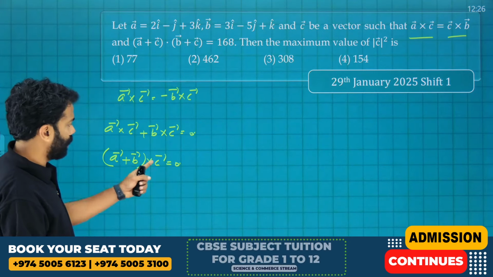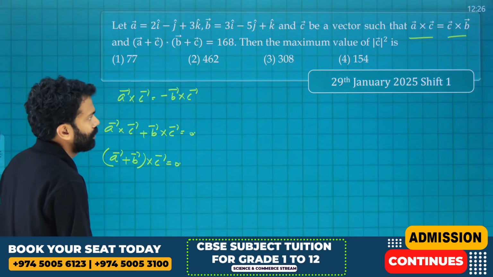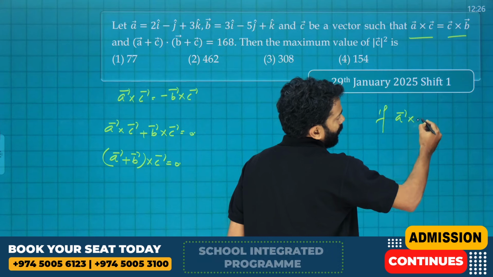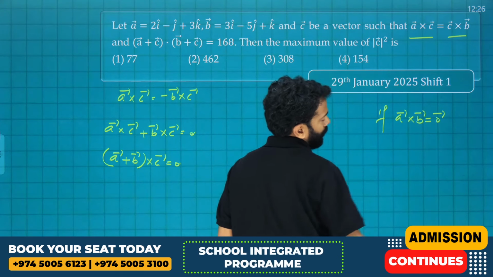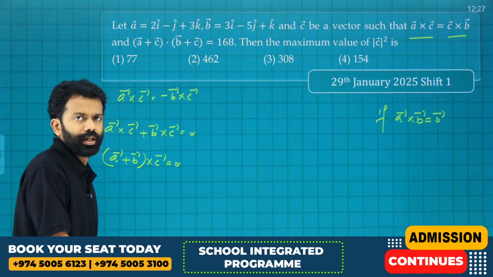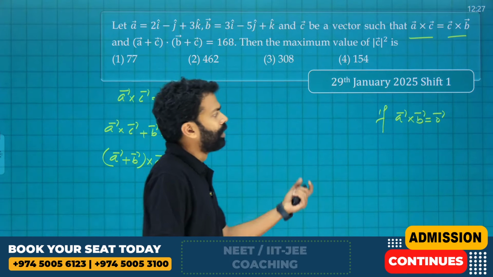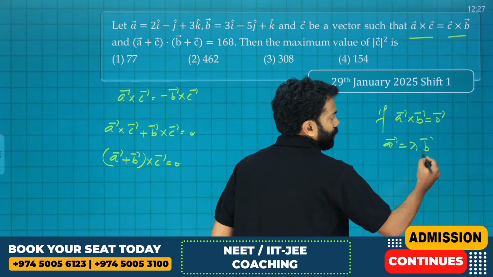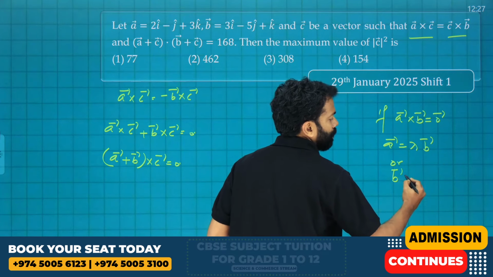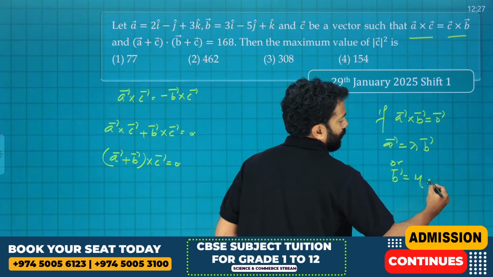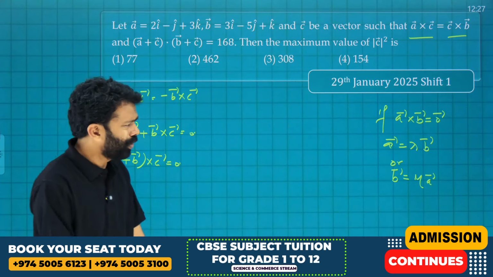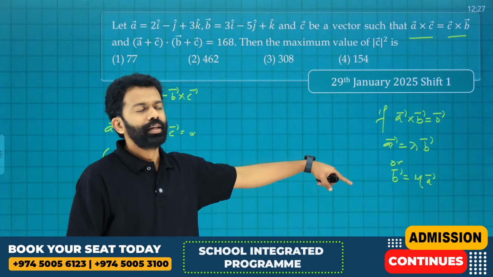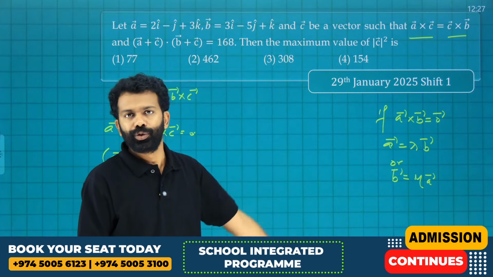You should know the result if the cross product is like this. That is, if vector A cross vector B is equal to the zero vector, then one vector can be represented as a scalar multiple of the other vector. That is, either vector A can be represented as a scalar multiple of vector B, or vector B can be represented as a scalar multiple of vector A. Which one is represented as a scalar multiple of the other can be conveniently taken according to the situation.